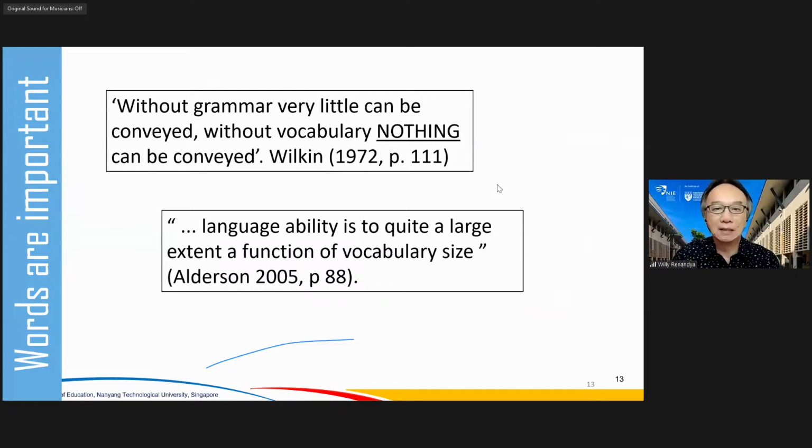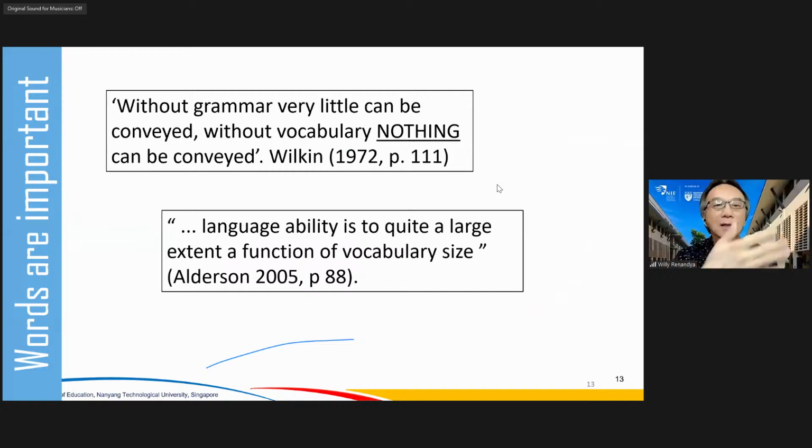Language ability, kemampuan berbahasa, the ability to speak, the ability to read, the ability to write, the ability to comprehend, listening, is pretty much determined by how many words you know. That's what the research says. Let me say this again.